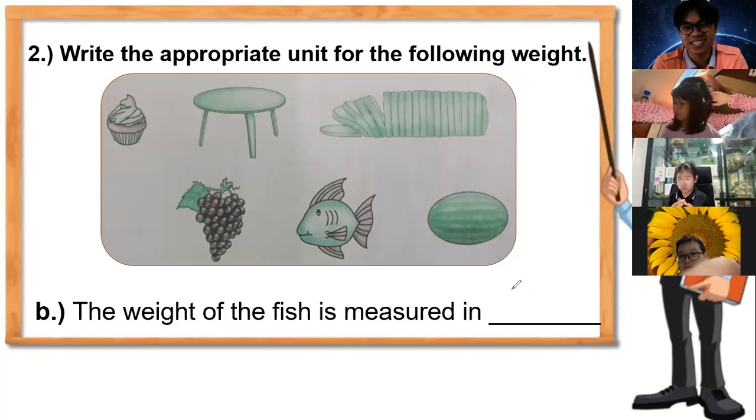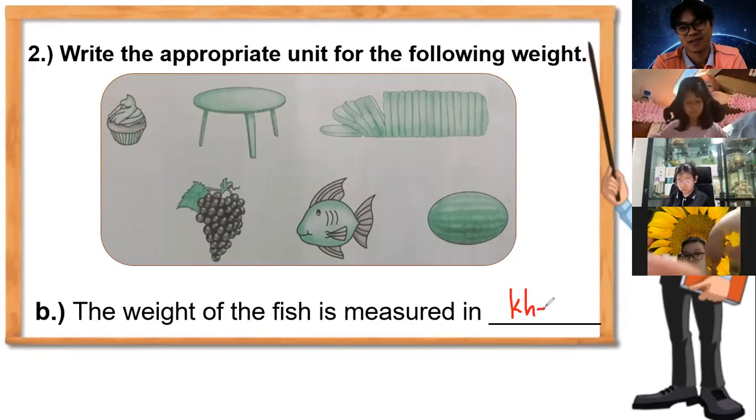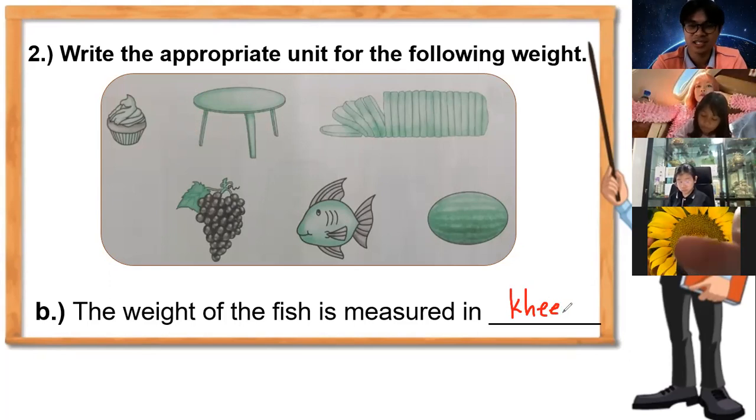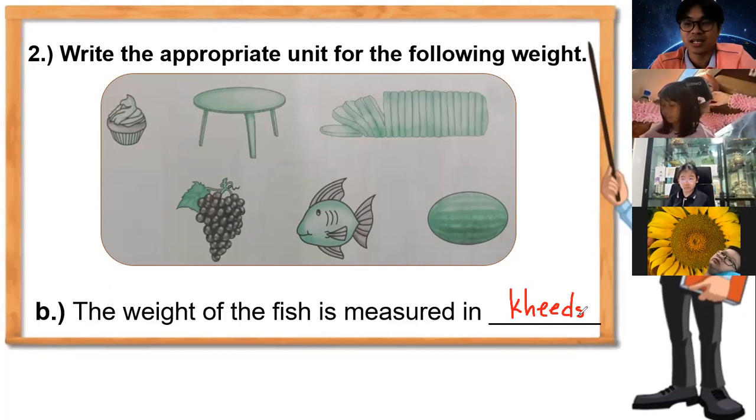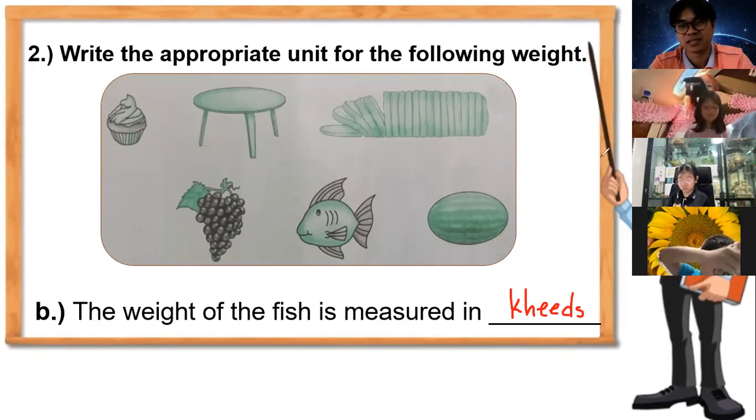It's in kids. Measured in kids. This is the appropriate unit. Anyway, you can measure this also in kilograms, but based on the size of the fish in the picture, the appropriate unit is kids.